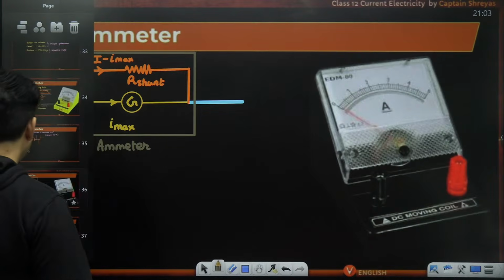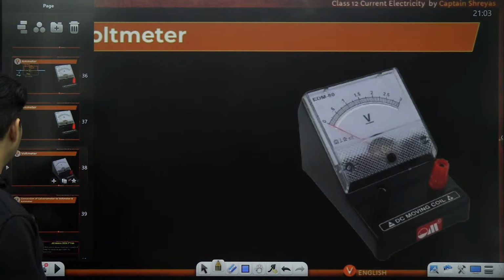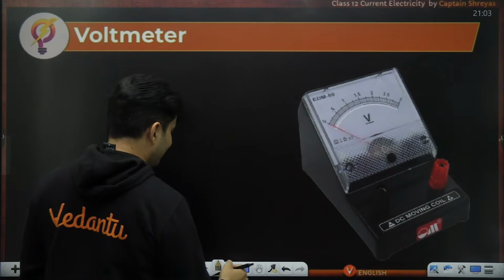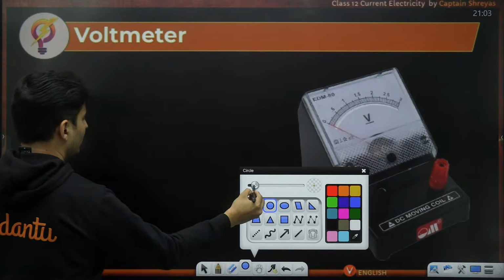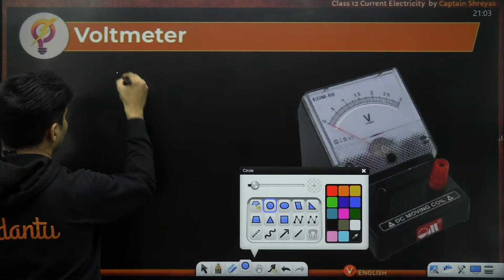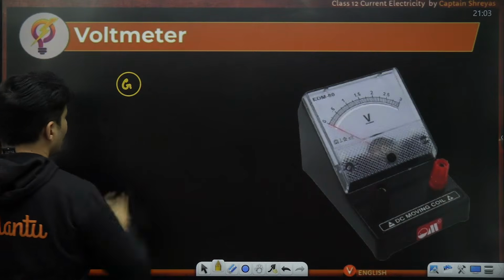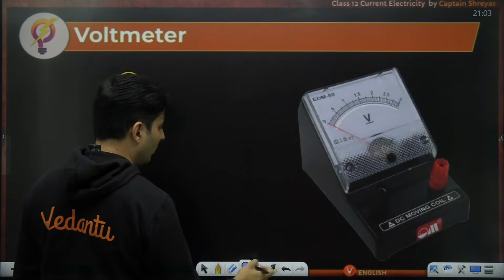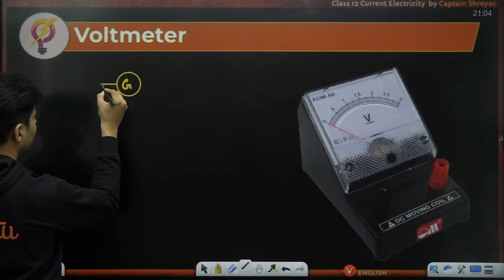Perfect. So, sir, what about a voltmeter then? So let me tell you what a voltmeter is. You have a galvanometer, let's say like this. You want to measure the voltage across some 2 points, and the galvanometer can handle only a decently small current, not more.